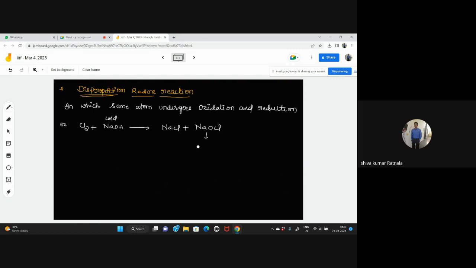This compound name is sodium hypochlorite, plus water. Balance this reaction first. Balanced, I think, right? Yes, sir.